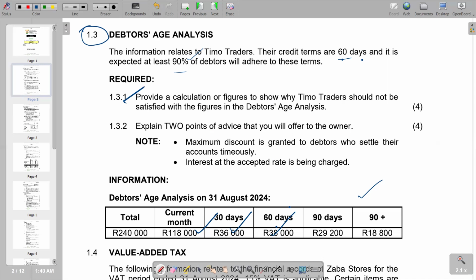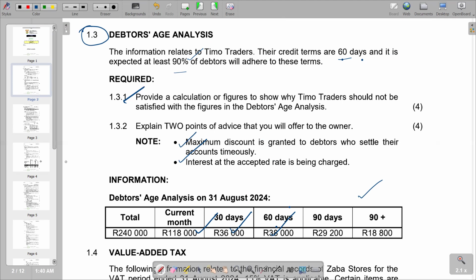So obviously the 2 points of advice that we are going to offer in terms of the debtors, so that they abide by the credit term, are not going to be point one and point two, because Timor Traders are obviously granting a maximum discount, and also they are charging interest, which are ways that can be used to make the debtors pay within the credit term.